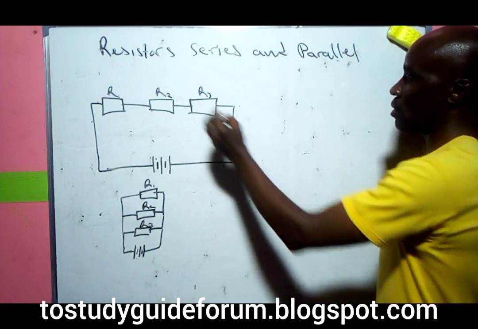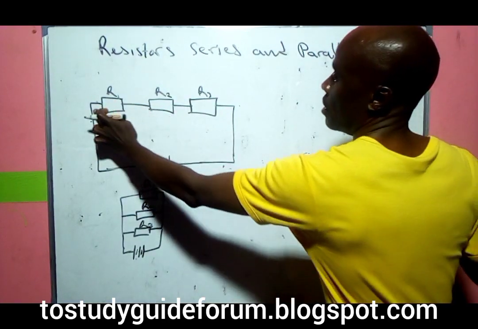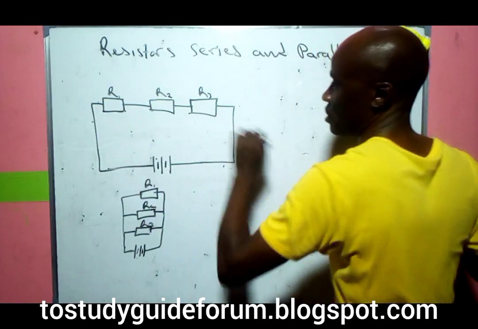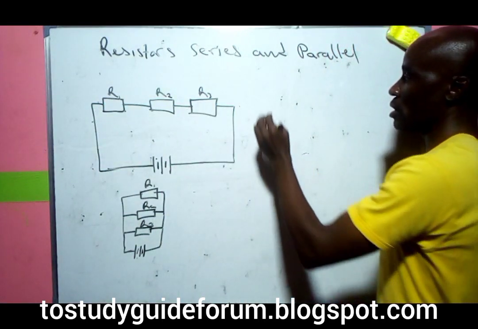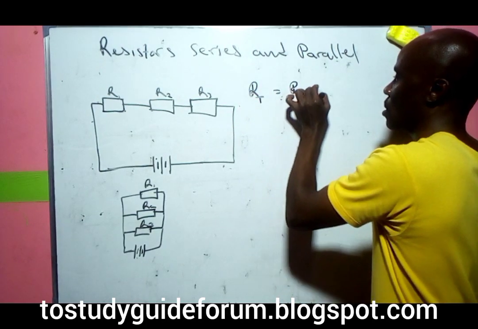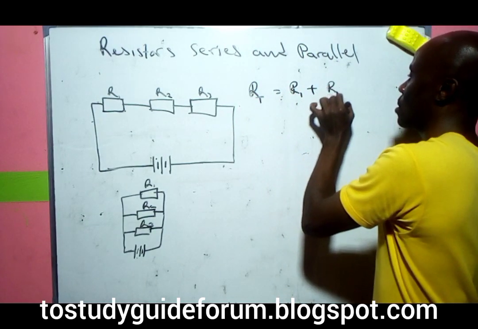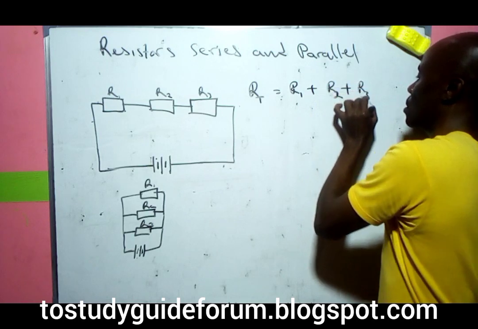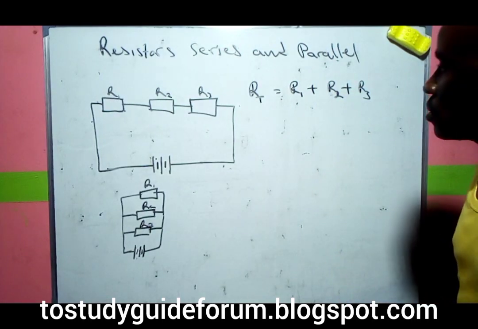This is because the total resistance of these resistors is the sum of all of them. R total will be equal to the sum of all the resistors.